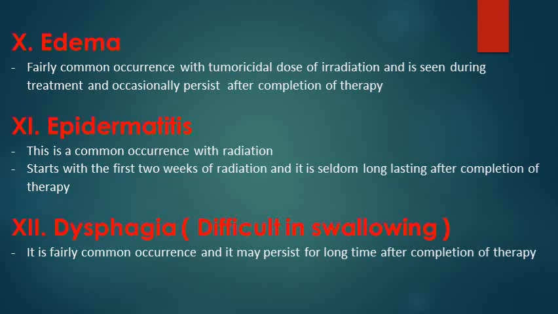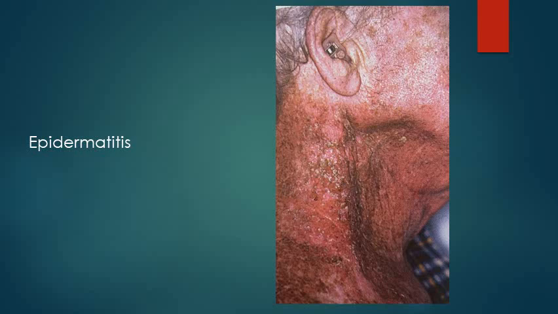Dysphagia, which is difficulty in swallowing, is a fairly common occurrence because the alimentary tract, as we mentioned earlier, has rapidly dividing cells and will be affected by the radiation, and it may persist for a long time after completion of therapy. This figure shows epidermatitis. It's like a severe sunburn.